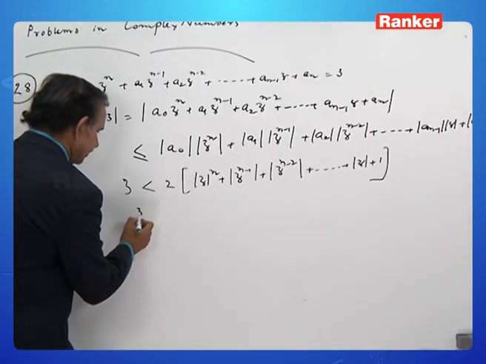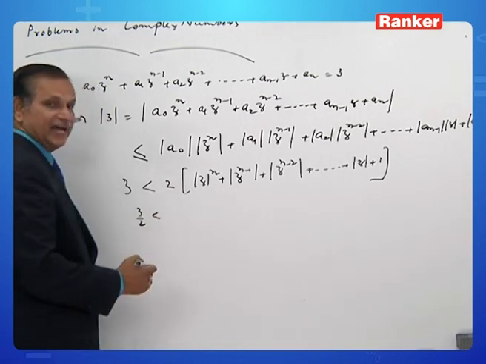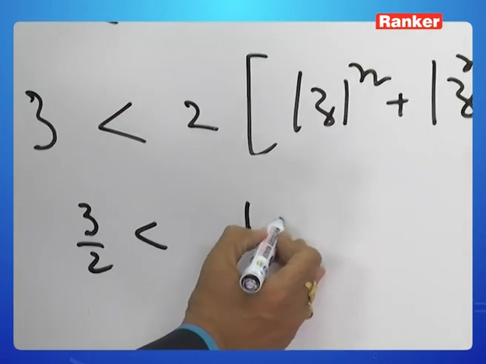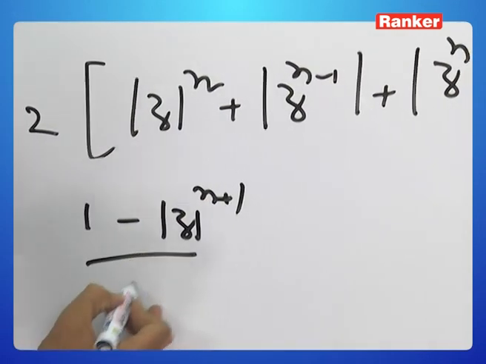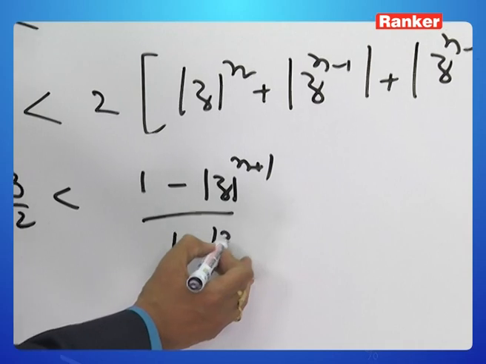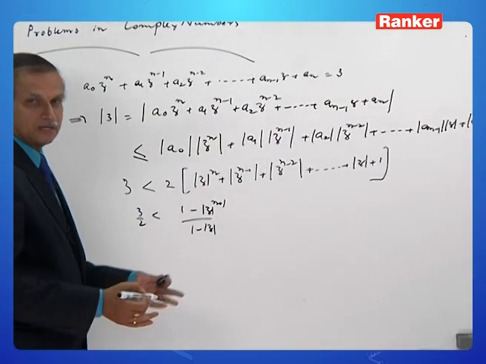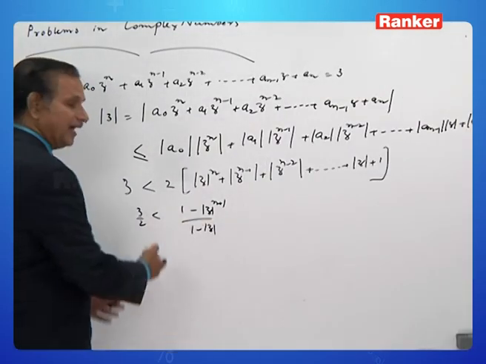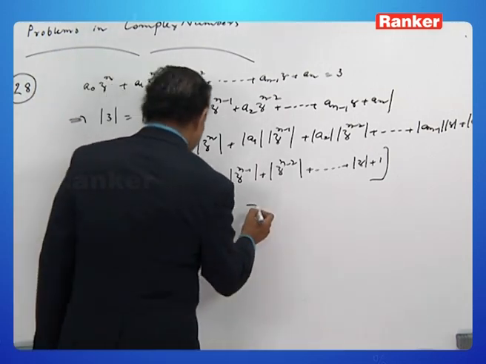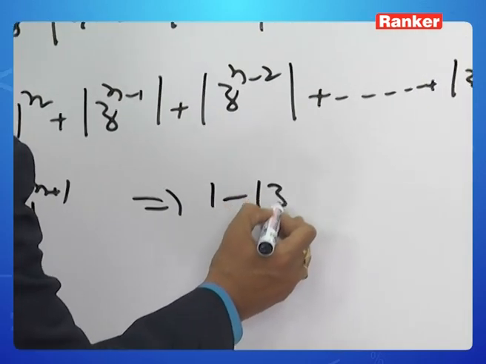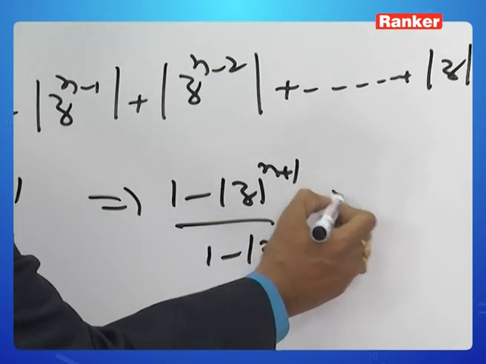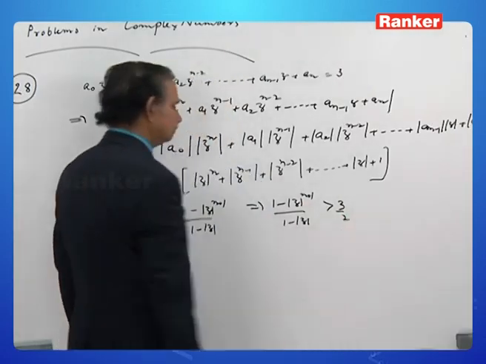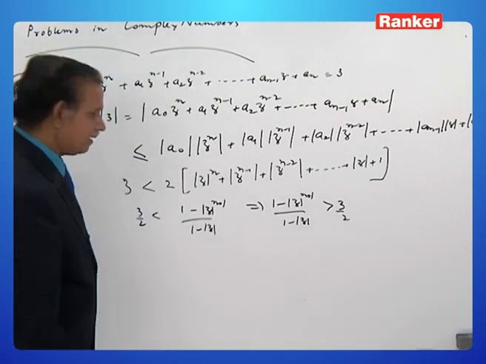Therefore, 3/2 is less than (1 - |z|^(n+1))/(1 - |z|), or this is greater than 3/2, which implies (1 - |z|^(n+1))/(1 - |z|) is greater than 3/2.